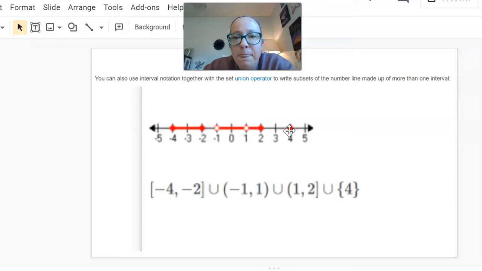You can write it like this. Another thing is, because it's a closed circle, you could put square brackets around that. I know that's a whole lot, okay? I hope that it makes some sense, but we're going to go to an example note card in a minute.